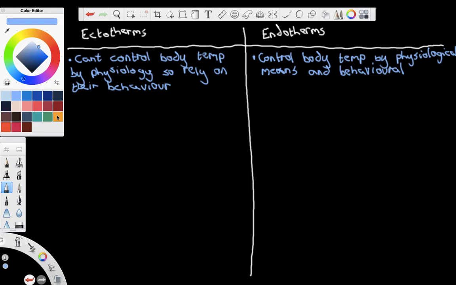Now, in ectotherms, the internal body temperature relies on the environment. So it relies on the external temperature. Whereas in endotherms, your internal temperature is affected less by the external.